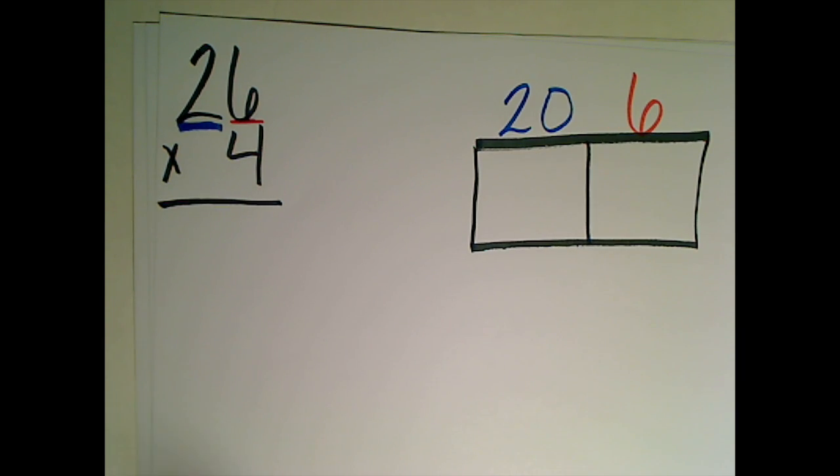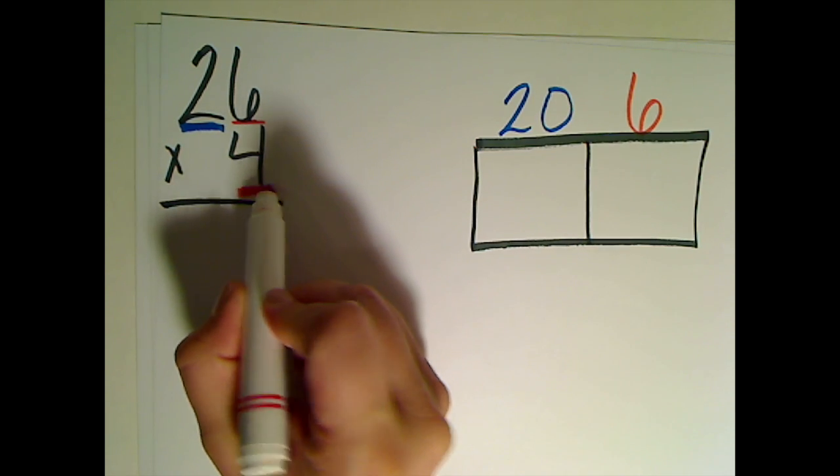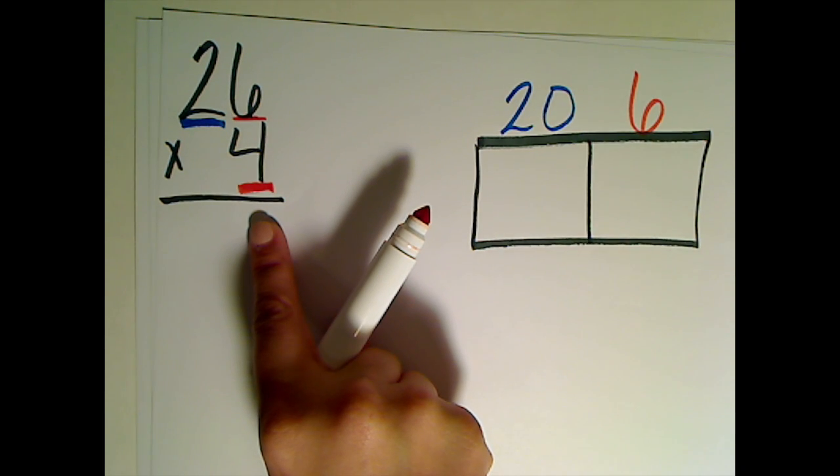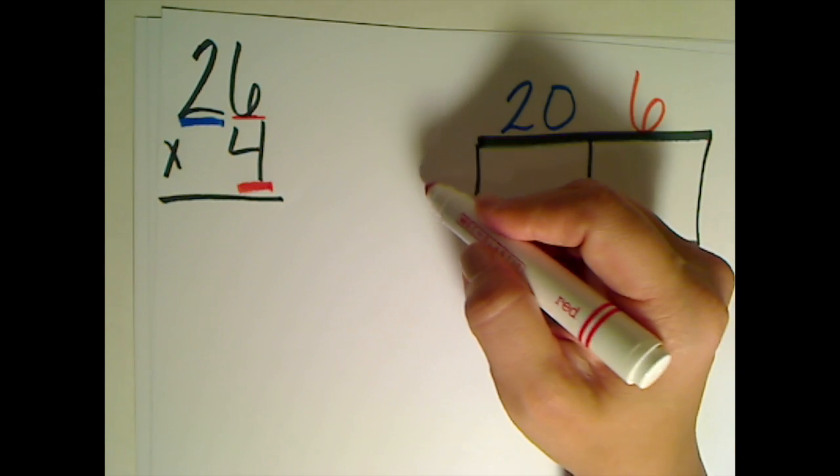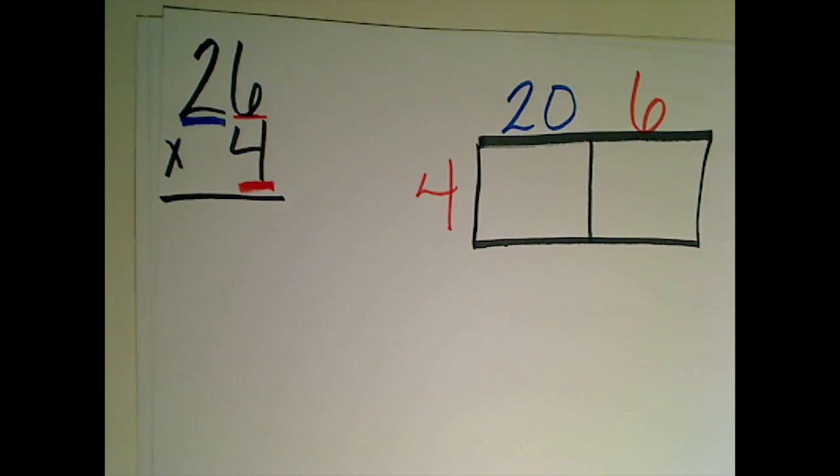Now let's go back to the ones place in the bottom factor, and that is a 4. That value is 4 in the ones place, so we would put a 4 here. Okay guys, so that is decomposing. You have decomposed your number into its values.